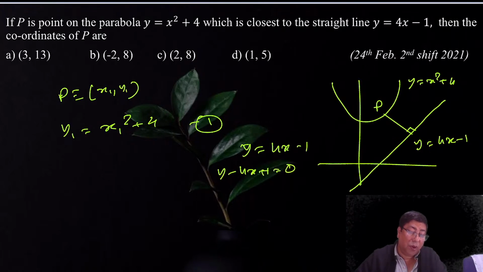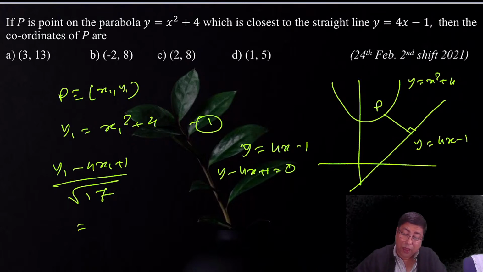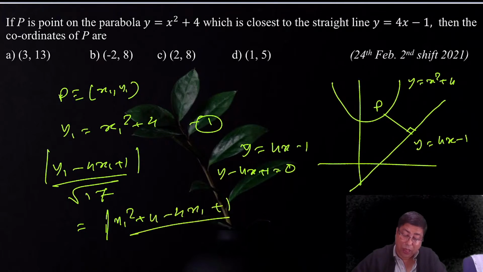So the shortest distance from P is the perpendicular distance: (y1 minus 4x1 plus 1) by root over (a square plus b square), that is root 17. Let us put the value y1 as x1 square plus 4. So if we put the value, we are getting, with the mod since it is a distance, (x1 square plus 4 minus 4x1 plus 1) by root 17.